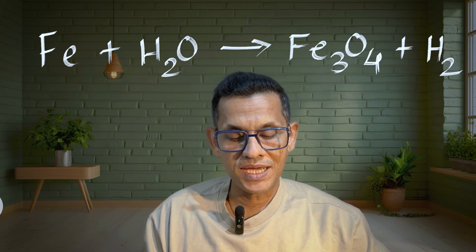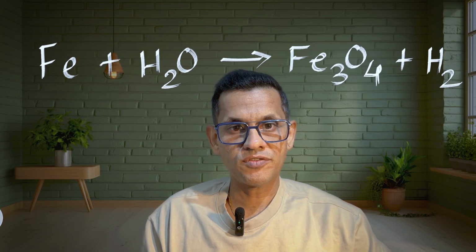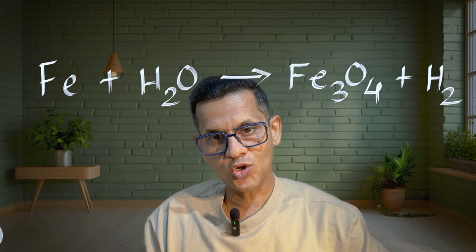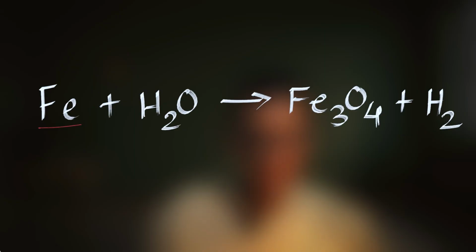How do I know it is unbalanced? Basically, I'll have to count the number of atoms for every element on the left hand side and on the right hand side. So let's do it. For example, in this case, I have got 1 atom of iron on the left hand side, but I have 3 atoms of iron on the right hand side.